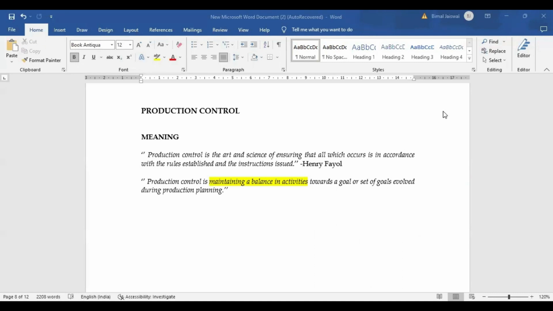That means while applying controlling techniques, we are supposed to compare what we have planned and what we have received.